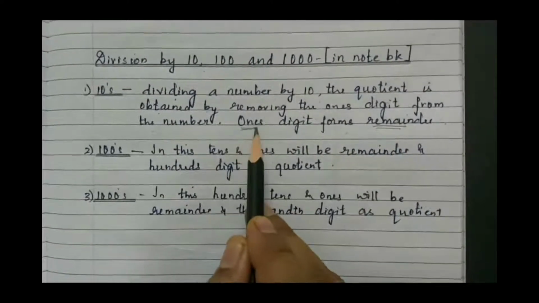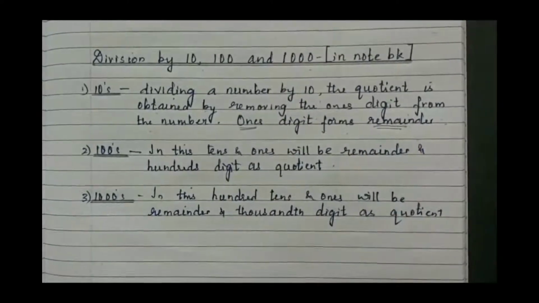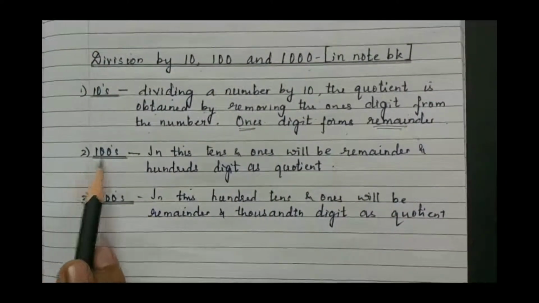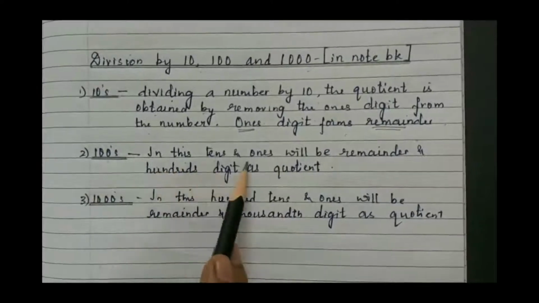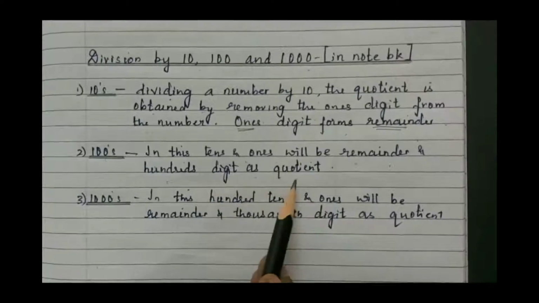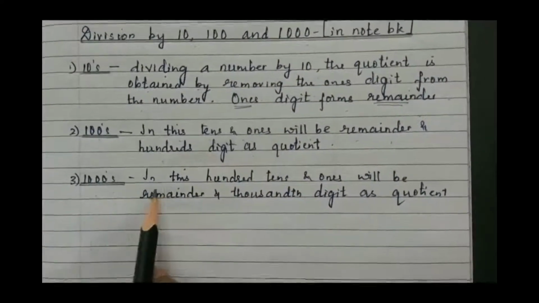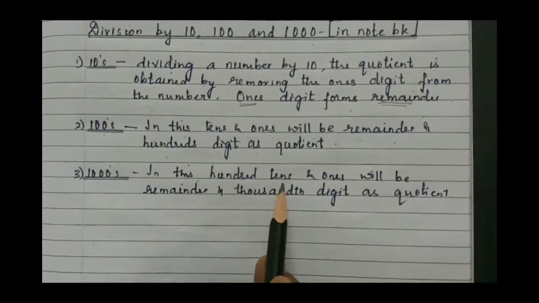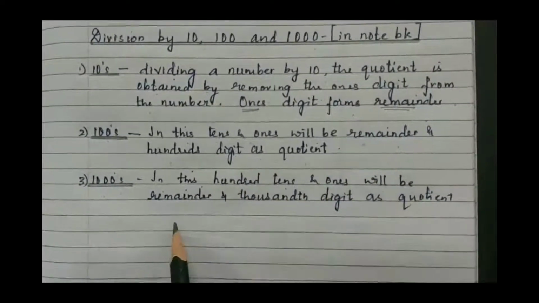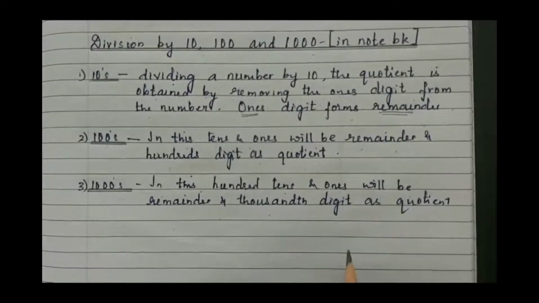Whatever the ones number is there, that forms as the remainder. The tens number becomes the quotient. Second one, that is by 100. In this, tens and ones will be the remainder and the hundreds digit as quotient. Third, thousands. In this, hundreds, tens and ones will be the remainder and the thousand digit as the quotient.